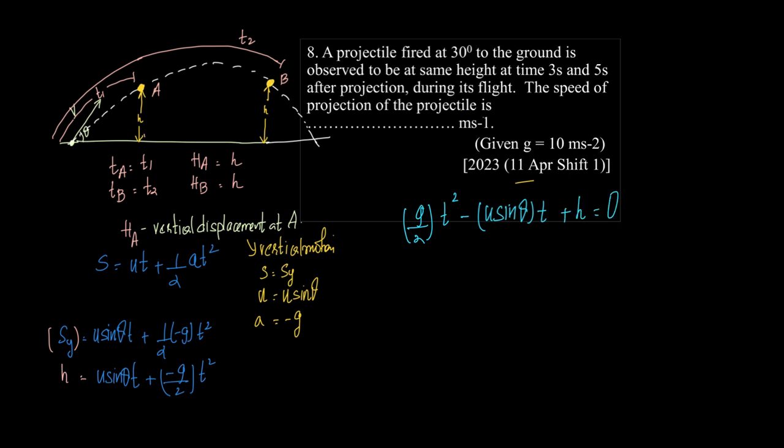Okay, why did I write it this way? Because we know that if alpha and beta are the roots of a quadratic equation of the form ax square plus bx plus c is equal to 0 in terms of x, then alpha plus beta is equal to minus b by a, right?